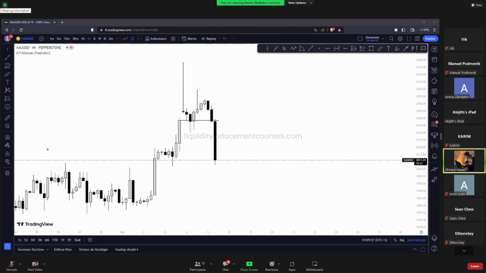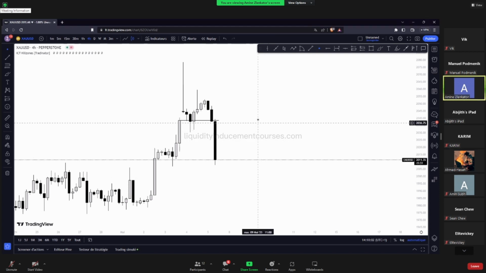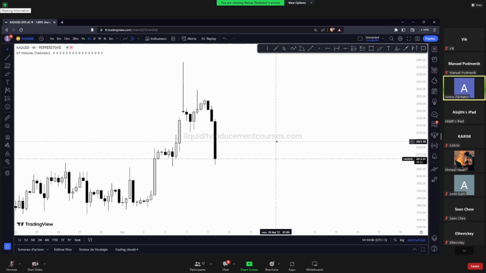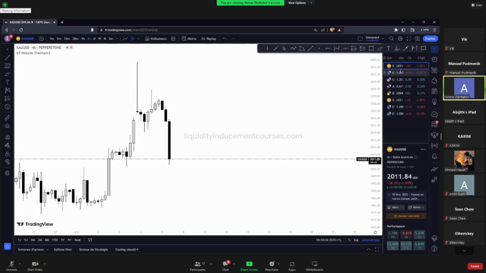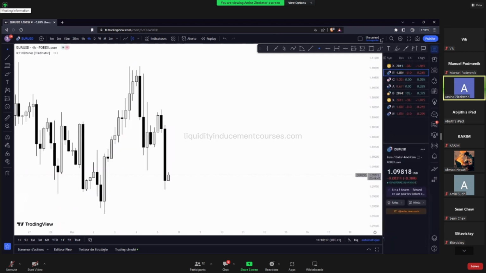There is an indicator for ICT kill zone. What is it? ICT kill zones is when price decides to do certain things in a certain time. I do not trade that strategy on gold.